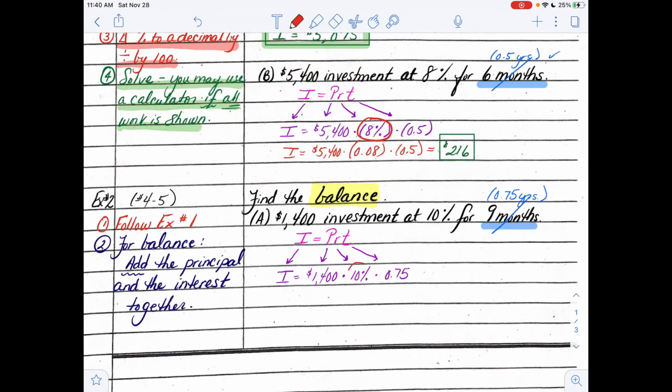Again, I can't do any multiplying while I have a percent, so I'm going to change that percent to a decimal. And that will then give me I equals my $1,400 times 0.1 or 0.10 times that 0.75.